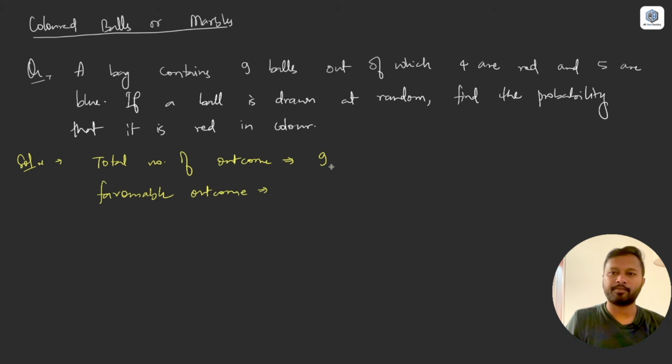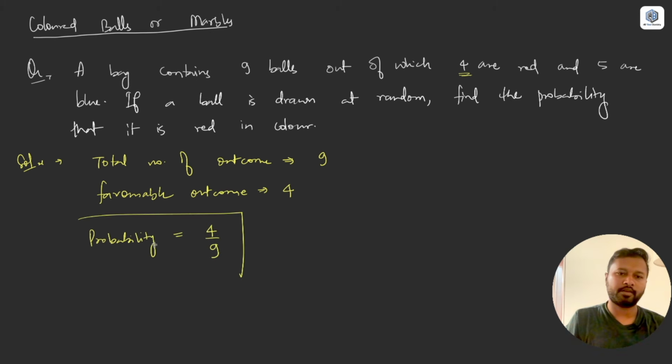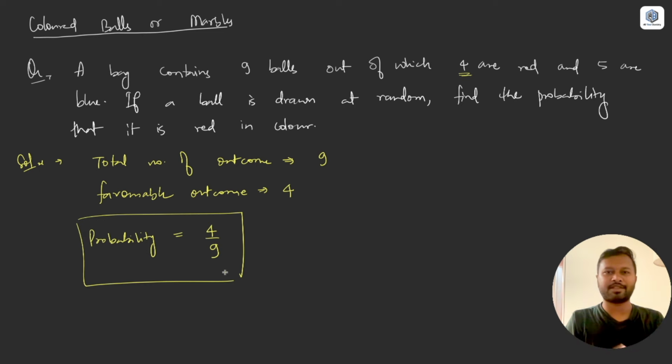How many red balls are there? 4. That's the favorable outcome. So the probability will be very simple: 4 upon 9, as easy as it is. Colored balls and marble questions are the easiest ones which you will get in the exam.